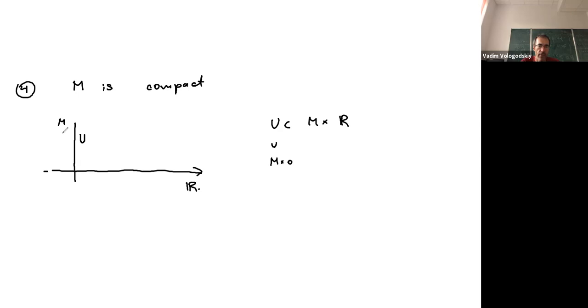So you have the topological space M times R, and you have an open neighborhood of this copy of M sitting in the product. So something like this. This is my U.